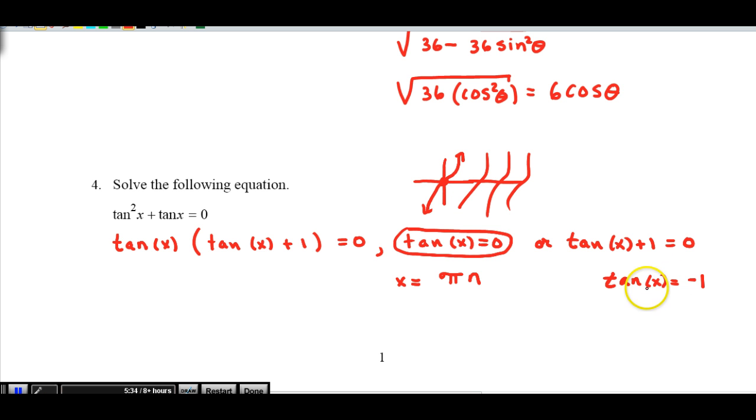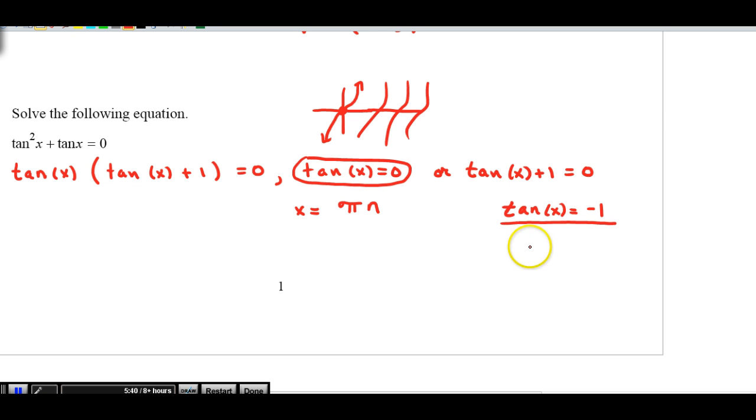Now, tangent of x equals negative 1 is a little different story. What I want to do there is draw a 45, 45, 90 triangle. And the tangent is negative here, and you can see this triangle as having a reference angle of pi over 4.